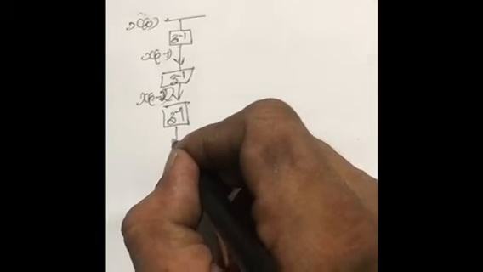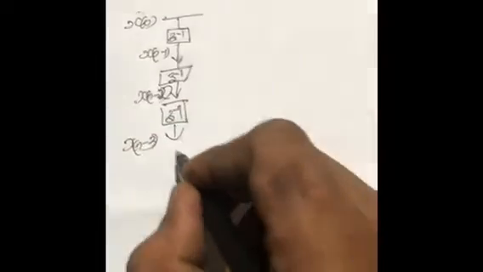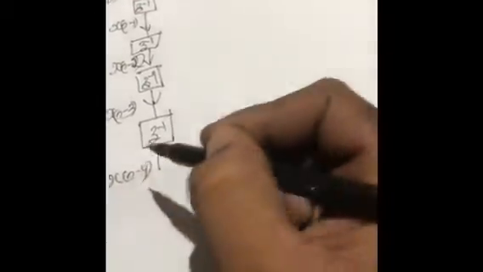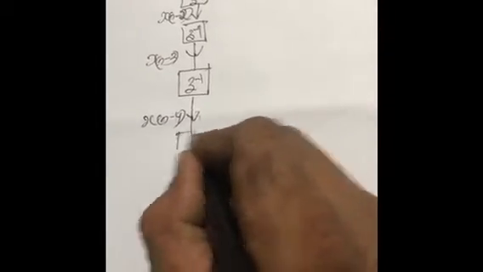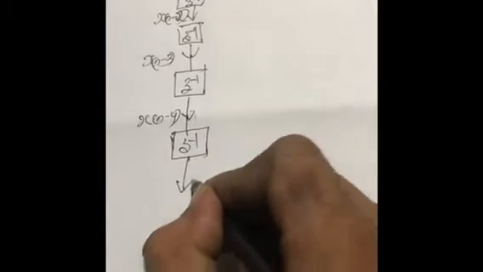From there we got the delay x(n-3). Again another delay, that is z^-1, and this delay will give x(n-4). And finally I draw another delay z^-1, and this delay network gives x(n-5).